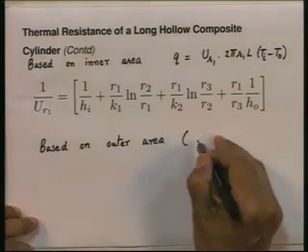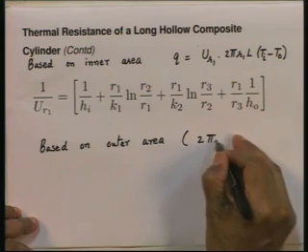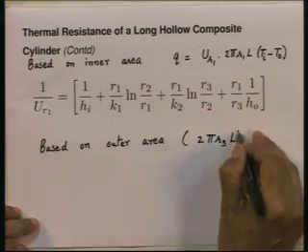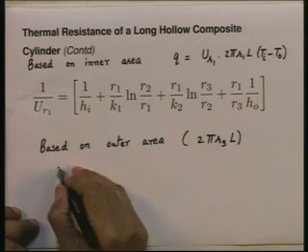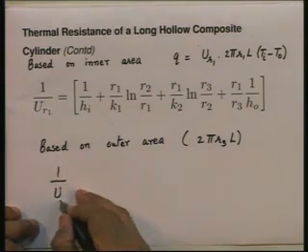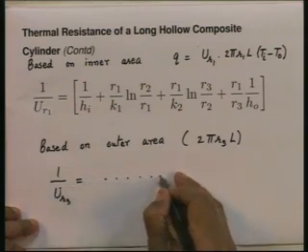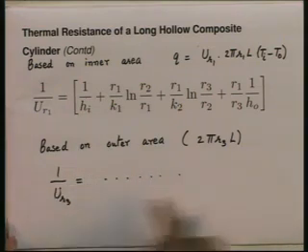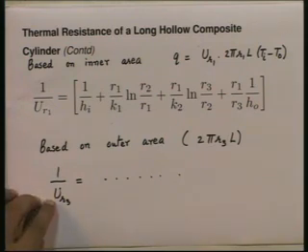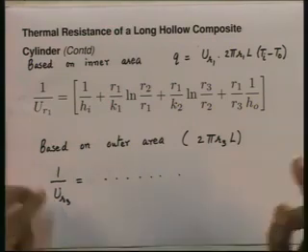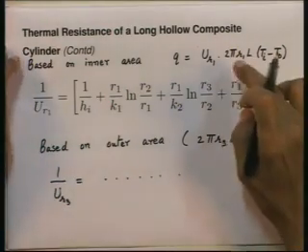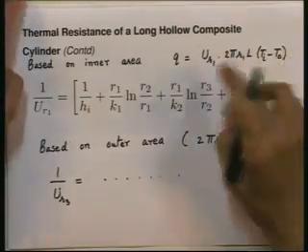What is the outer area? 2 pi R3 L. In that case, I will get an expression 1 upon U_R3 is equal to, and I want you to write this on your own. Write this expression 1 upon U_R3 on your own. Remember, if I use this value of U_R3, I must always multiply by 2 pi R3 L. If I use this value U_R1, I must always multiply by 2 pi R1 L in order to get Q.